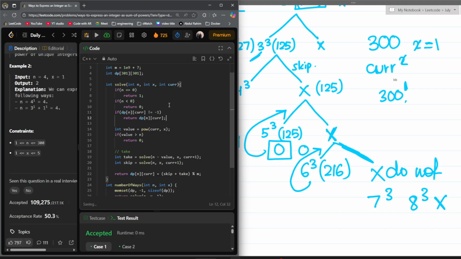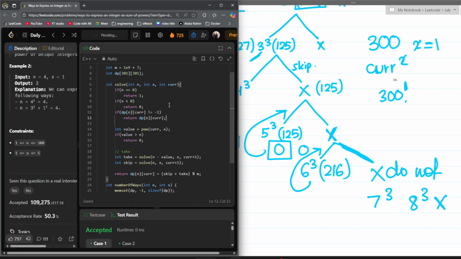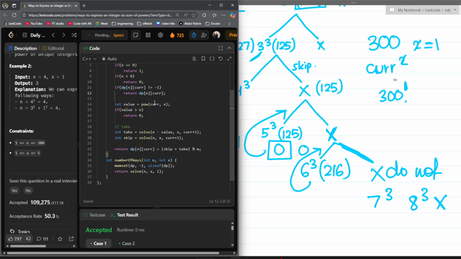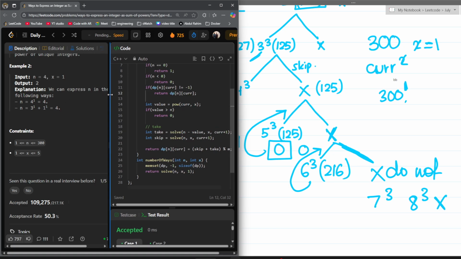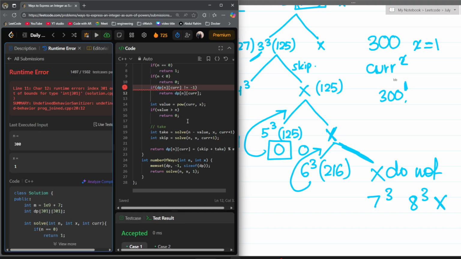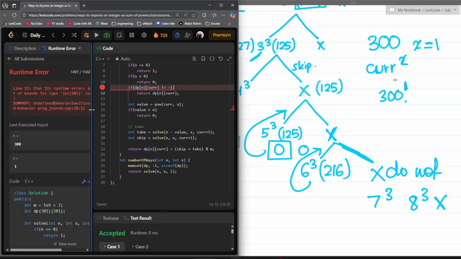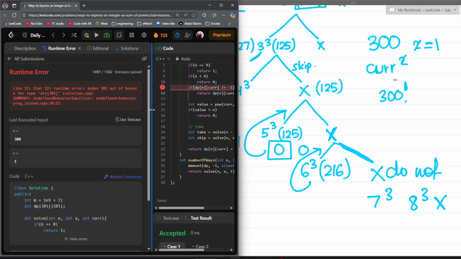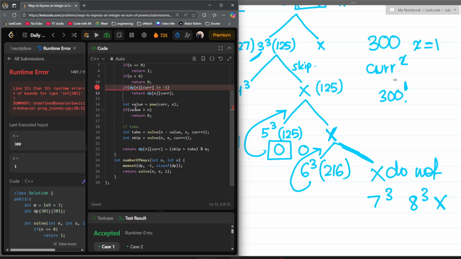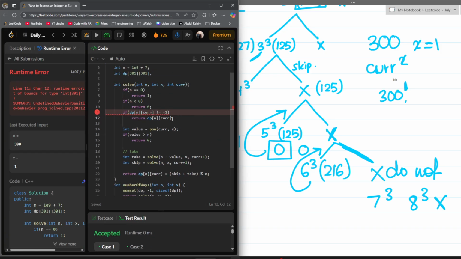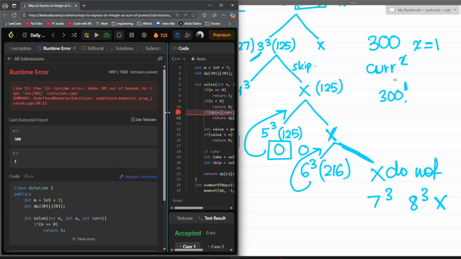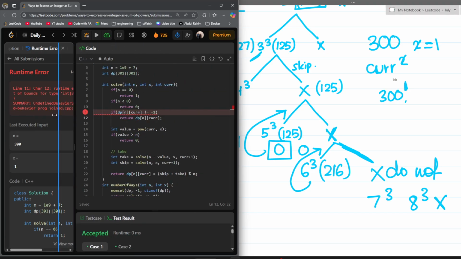That is it. Now if I submit this code, it should pass all the test cases, hopefully, right? Let's see. Why does it not? Because index 301 is out of bounds.